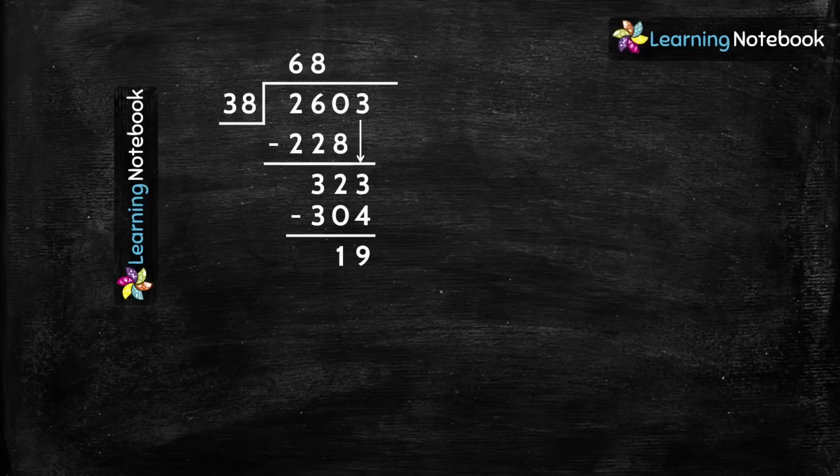Now students, we are left with remainder 19. So to continue with the division, we will put a decimal point and insert a 0. Now let's put a decimal point in the quotient and copy this 0.